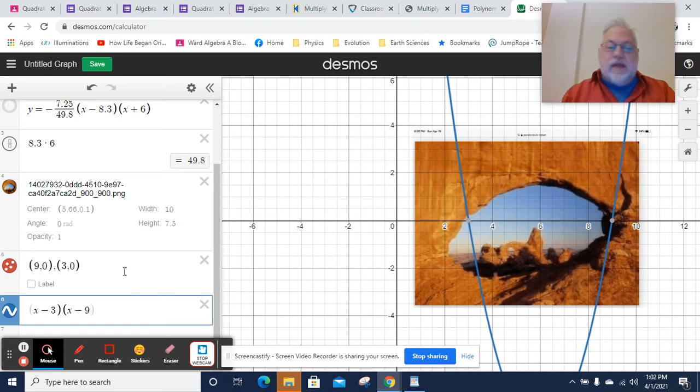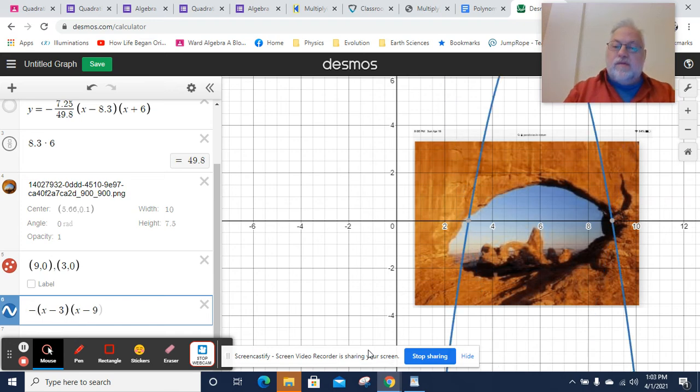Okay, and so I get that. Now Desmos, you might notice, recognizes that I really mean y equals or f of x equals this. So I'm just going to do this like this because it'll be easier to copy. And I'll put a negative. And now I am a little bit too steep.